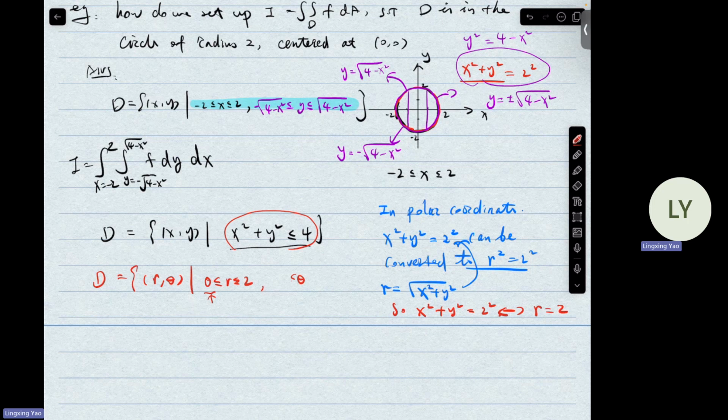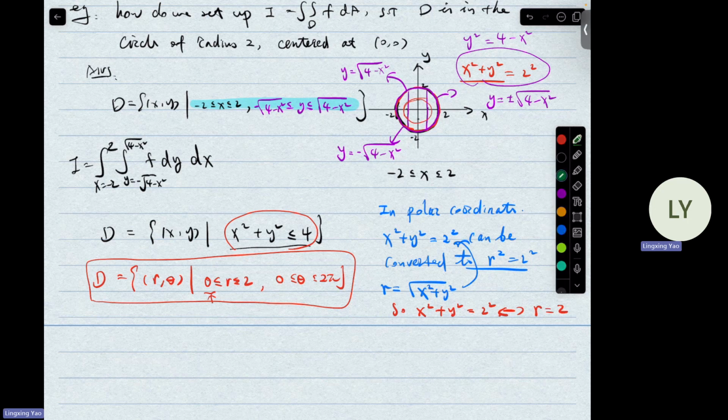And how about the theta? Remember, the theta is covering every point inside of this disk, so theta is between 0 and 2π. So obviously, if you represent this domain D in the polar coordinates, it's much easier because both of those limits for r and theta are constants.